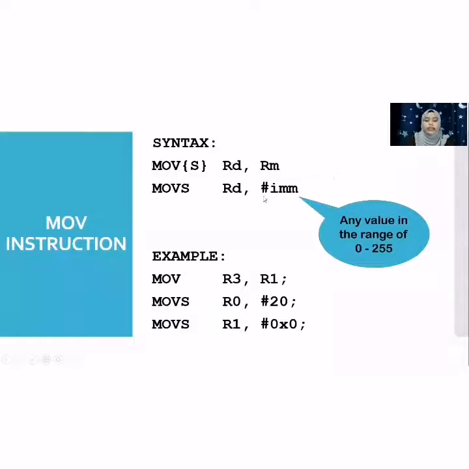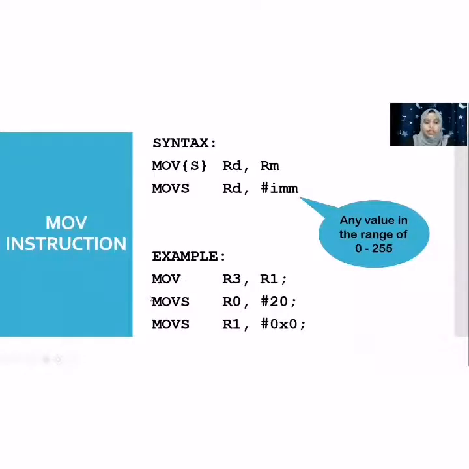Okay, as shown through these examples, we can see that for line 1, the values inside R1 will be moved into the register destination, which is R3, and the flag will not be updated because we didn't use the S suffix.